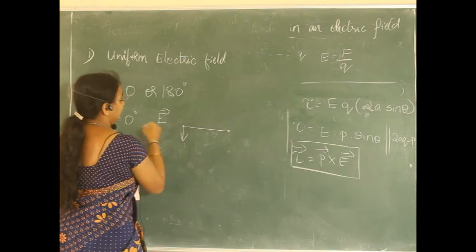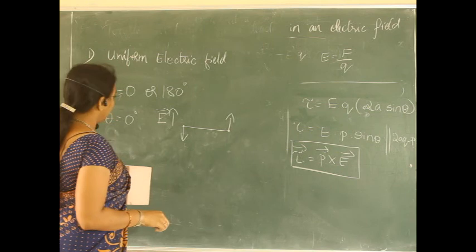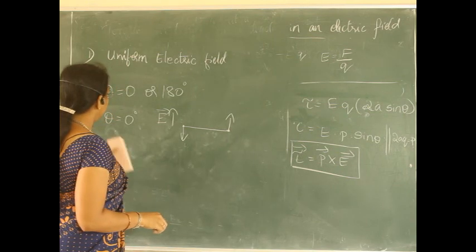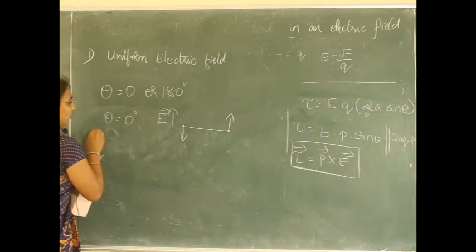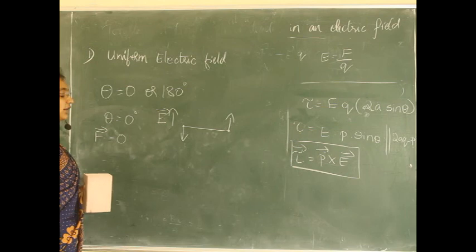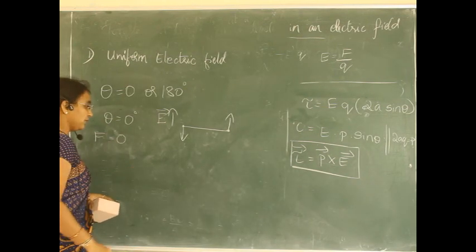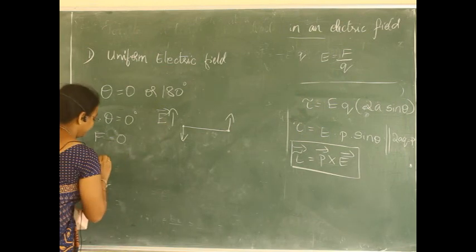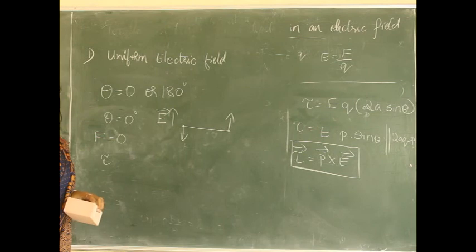Uniform electric field is present. What about the force? Force is equal to 0. Force acting on the body is 0. What about the torque, tau? What about the torque acting on the body?